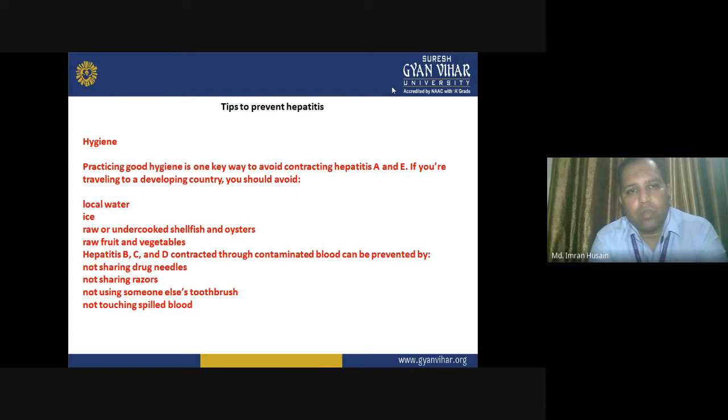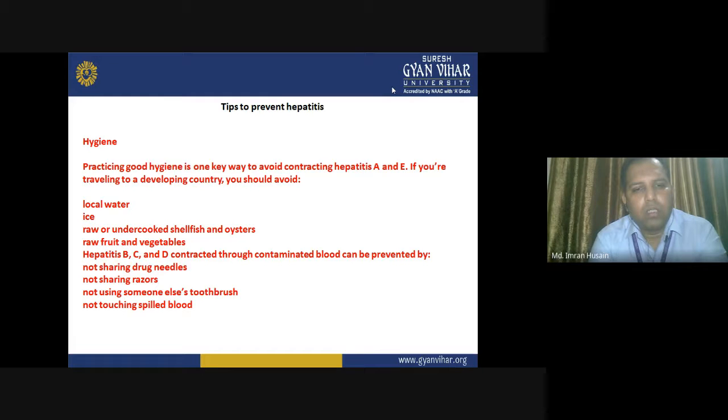So, what are the tips to prevent hepatitis? Let's see that. Practicing good hygiene is one of the key ways to avoid contracting hepatitis A and E. If you are traveling to a developing country, you should avoid the following things: local water, ice, raw or undercooked shellfish and oysters, raw fruit and vegetables.